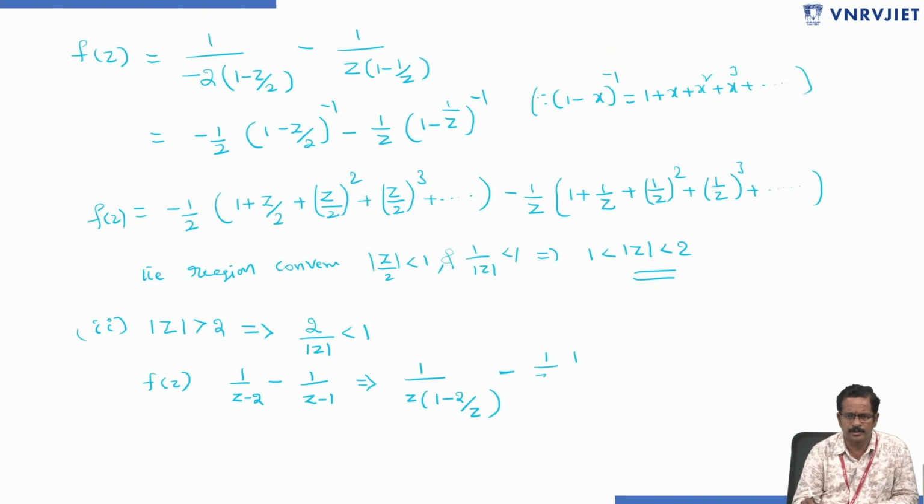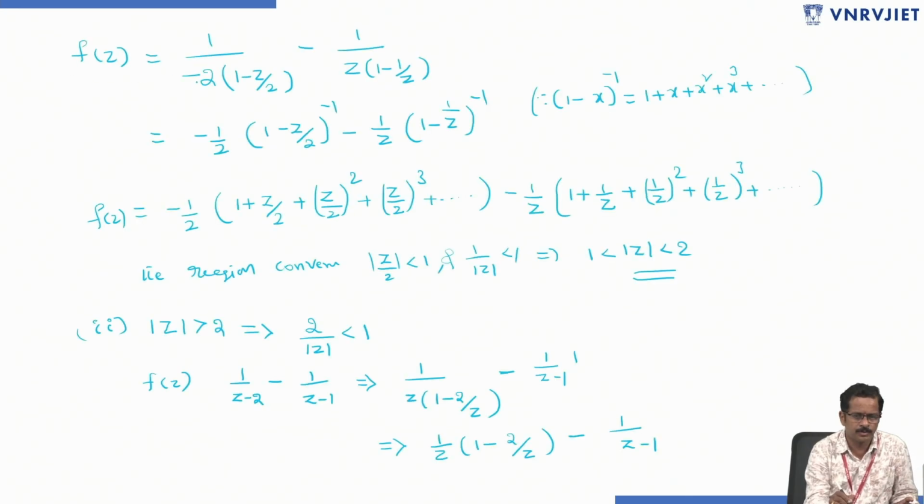1 by z minus 1. So this implies 1 by z into 1 minus 2 by z minus 1 by z minus 1.